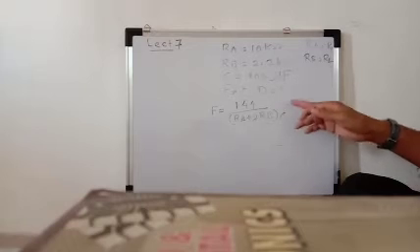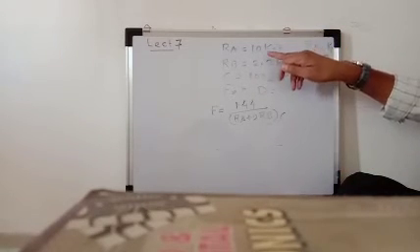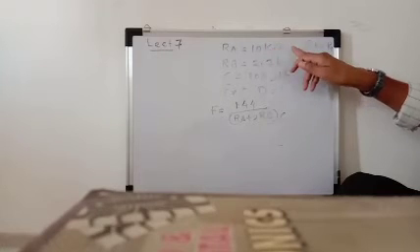Now here RA is equal to 10 kilo ohm. Convert it into ohms, that is 10 raised to 4 ohms.